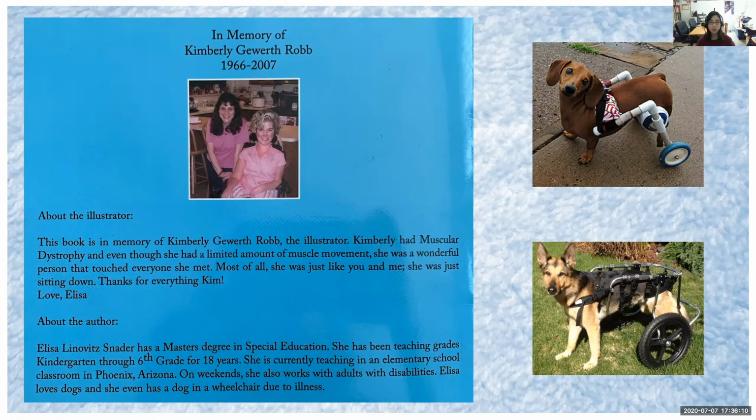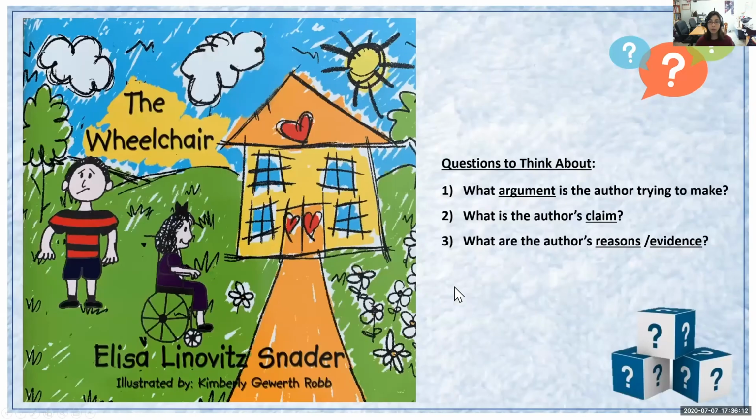All right, so for our read aloud, at the beginning of it, I asked you to think about 3 specific questions. Those questions were, what argument is the author trying to make? So remember that argument is both the claim plus the reasons and evidence. So there's a couple of different components to the argument.